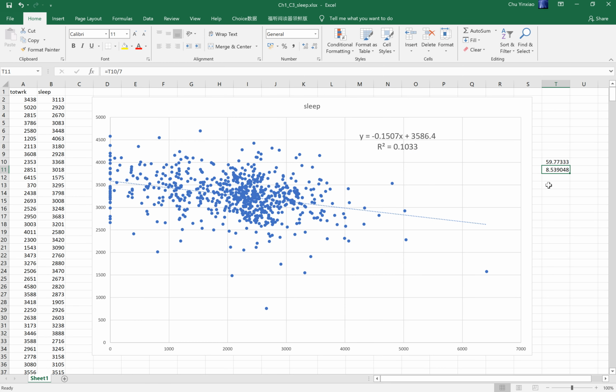So it's 120 minutes times the beta 1 here, which is negative 0.1507.